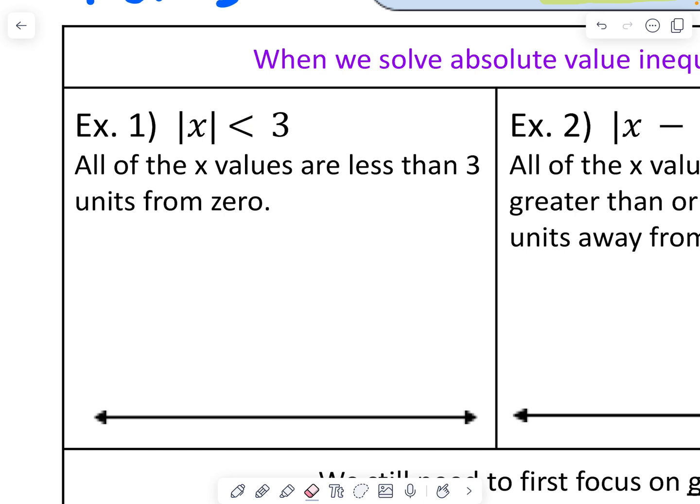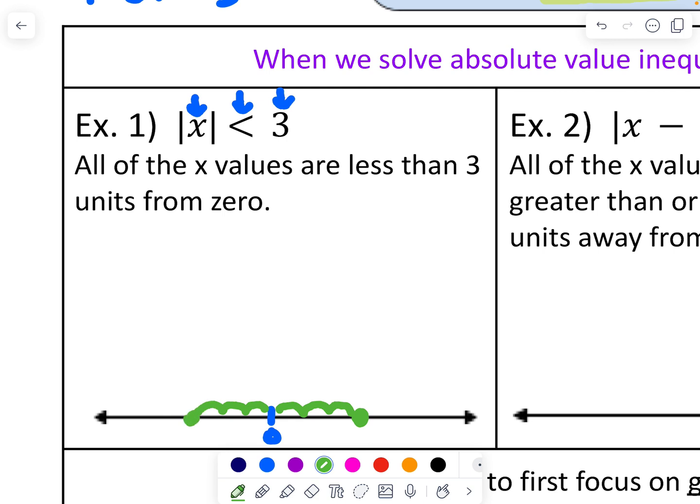This says all of the values x that are less than 3 away from 0. If we put 0 in and count 1, 2, 3, we would have a point here, and 1, 2, 3, a point here.